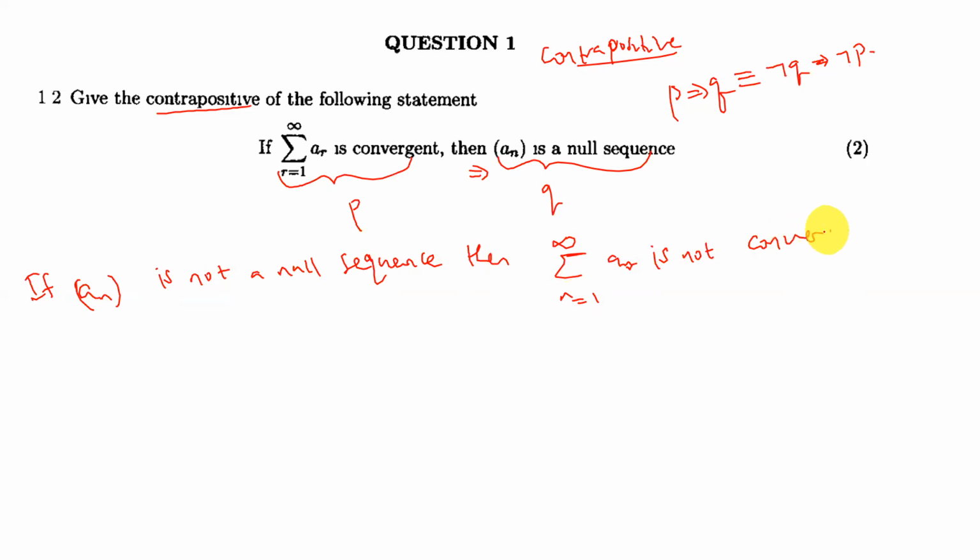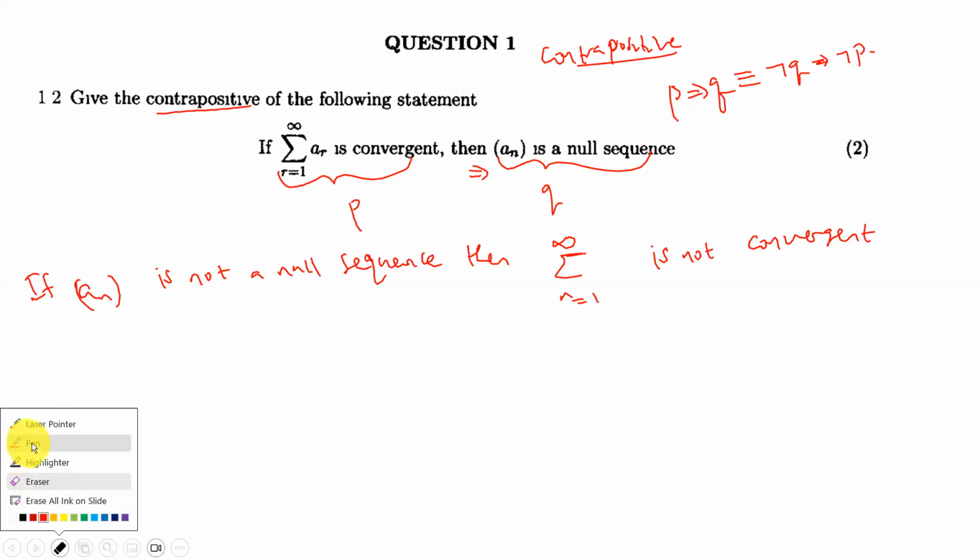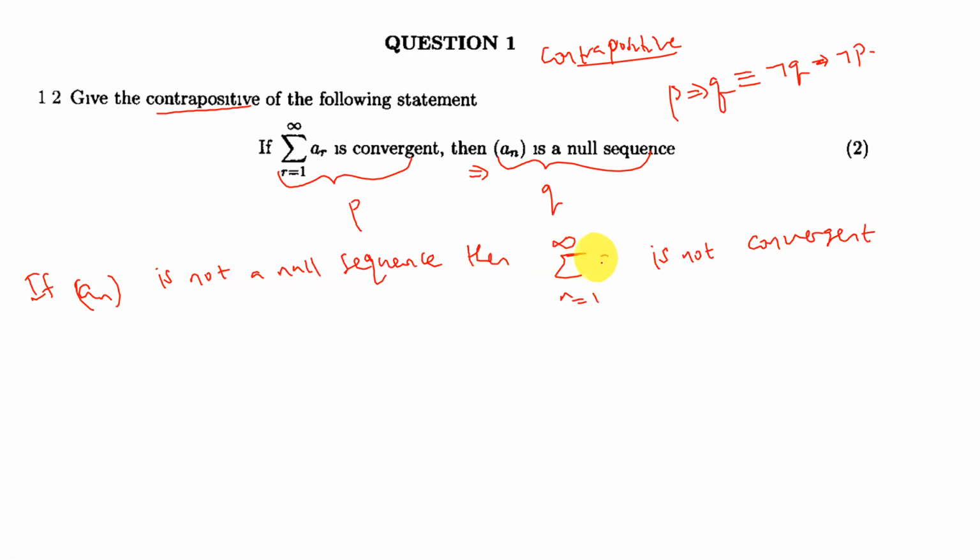This is just the contrapositive. All right, and we're done. We just put not, not. And then obviously putting not, not, you can get alternative words.